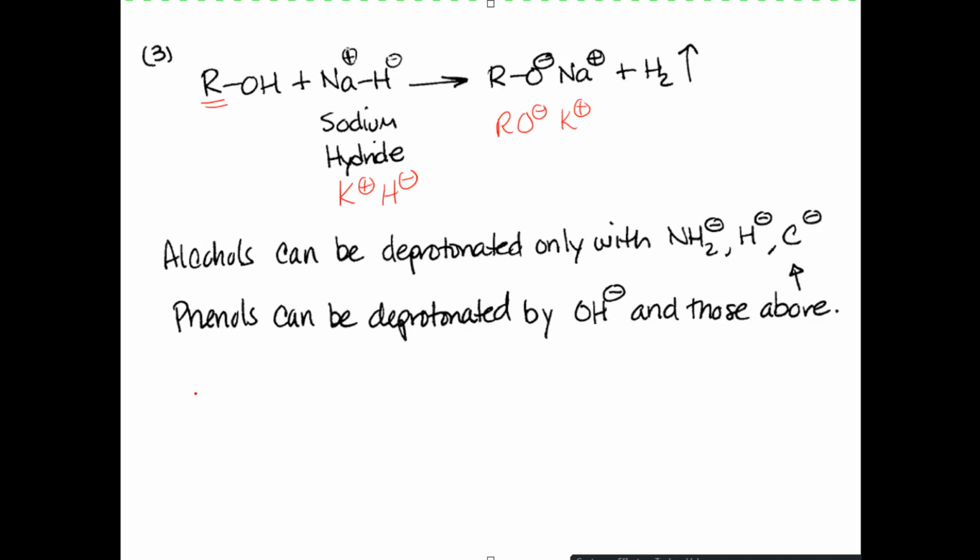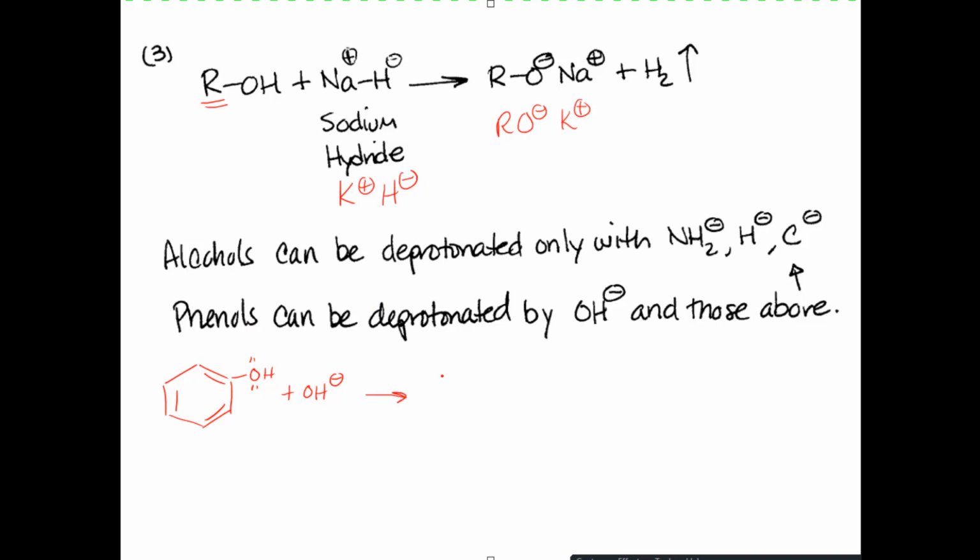Now, going back to the idea of phenols, with a phenol you have the OH group attached to the benzene ring. And with a phenol, you can actually just simply deprotonate that with hydroxide. Now that means that the phenol is a stronger acid than a normal alcohol, normal meaning just an alkyl group here.